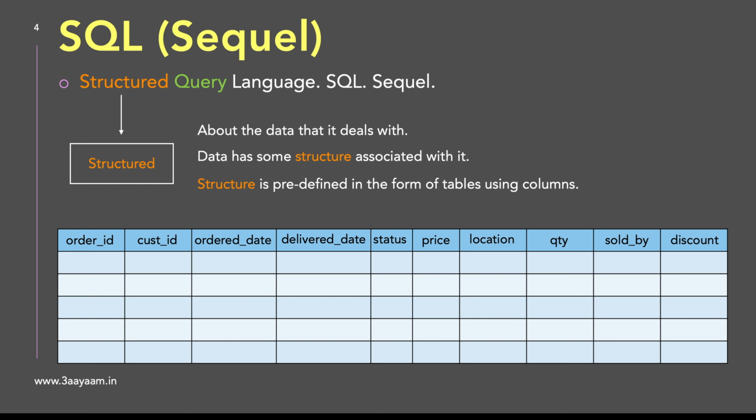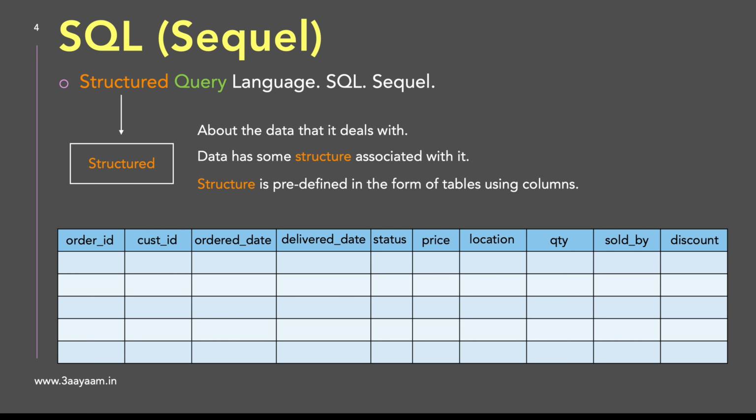And whatever row we put in this table should have the exact same columns everywhere. Meaning, even if you have 1 million rows, all those rows should have data corresponding to only these columns, starting from order ID and ending in discount. I cannot have a value with any other column. That is not possible.